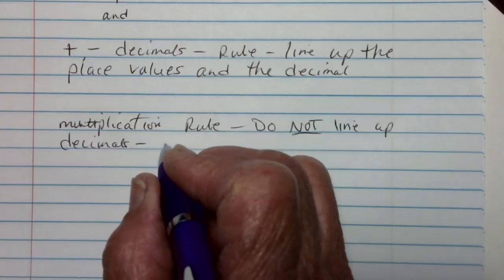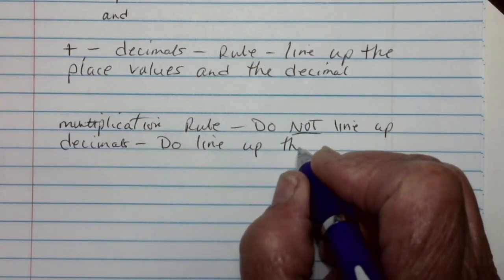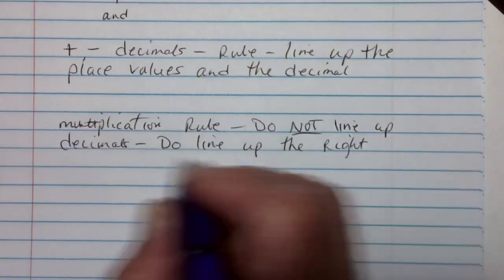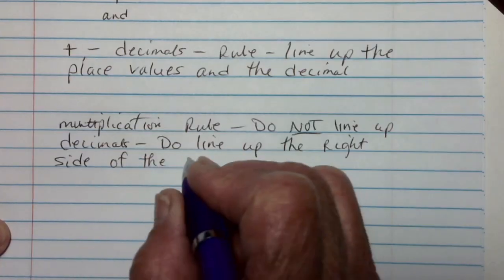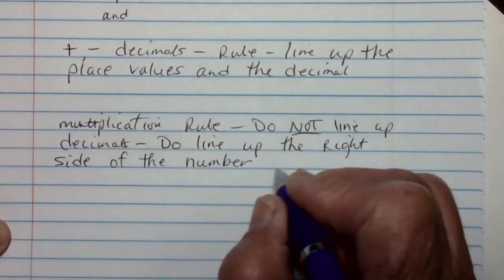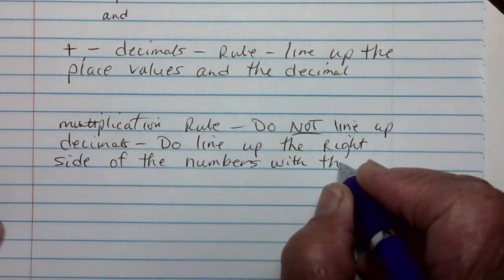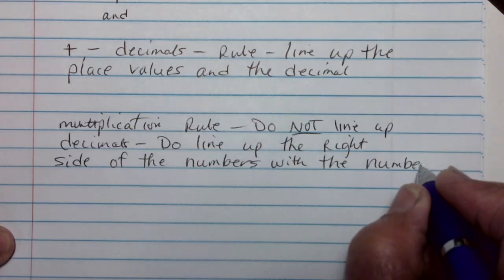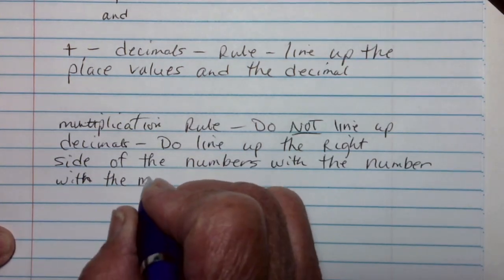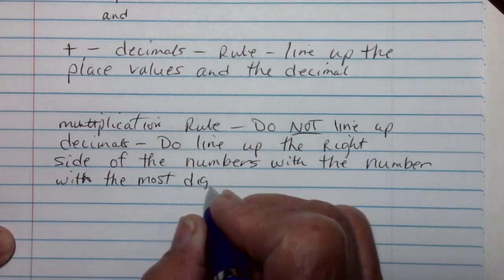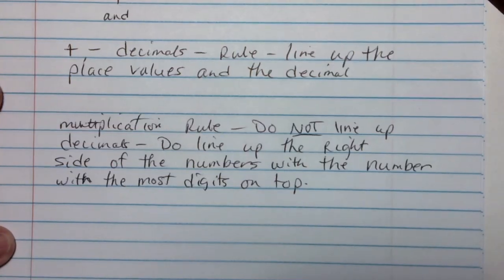What we are going to do is do line up the right side of the numbers with the number with the most digits on top. Now here's what I mean.